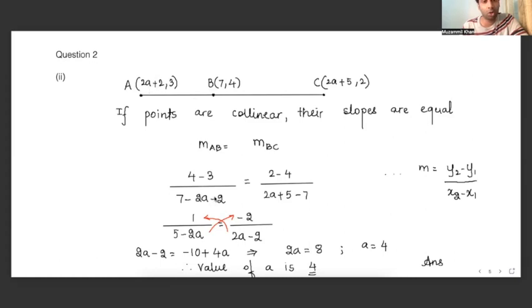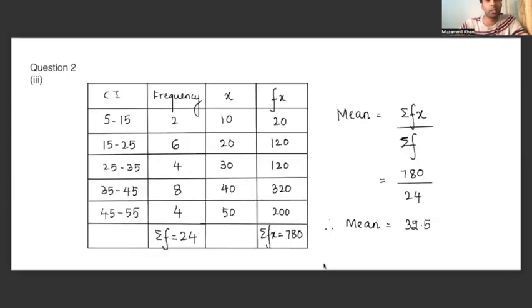So I am sure some of you might have written this as minus 2a plus 2. So that is where you could have gone wrong here. But otherwise, if you were careful with the signs, then this is 7 minus 2a minus 2. And then when you cross multiply, you get the value of a, which, because ultimately it's a linear equation in one variable, is 4. So that's the answer to question 2, the second part.